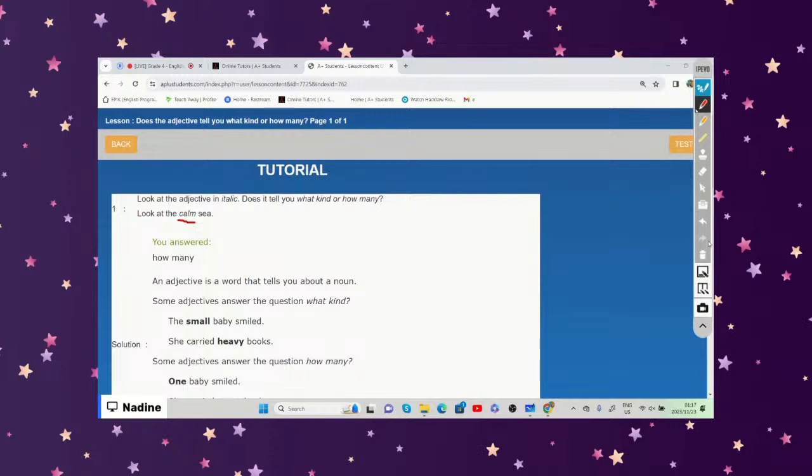So if we look at the word calm, then we can say it is what kind. It's like asking, what kind of sea? Then you say it's the calm sea.